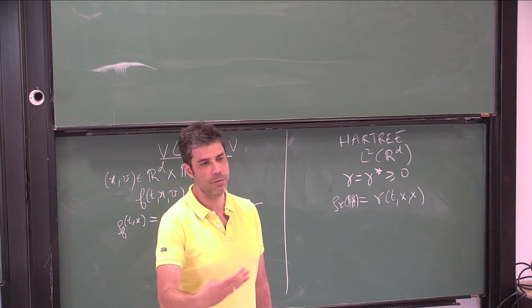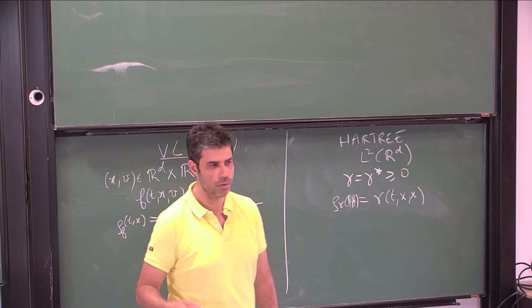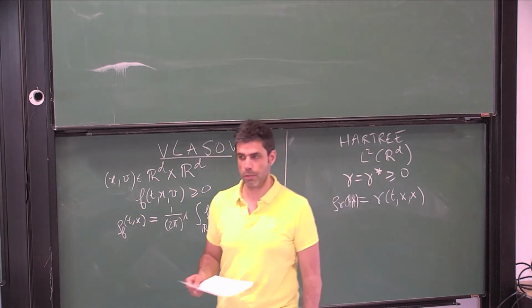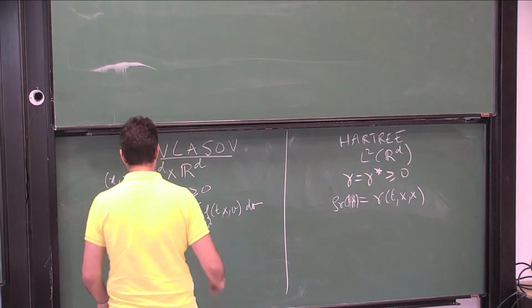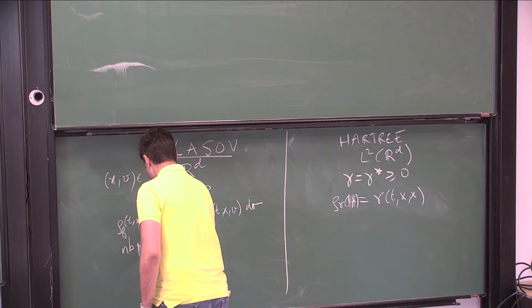So your gamma must have a kernel, and the kernel must not be too bad, maybe continuous or something like that, to be able to take the 2 variables of your kernel equal, and this is how you get the density. And then the number of particles in your system is just the integral of rho.